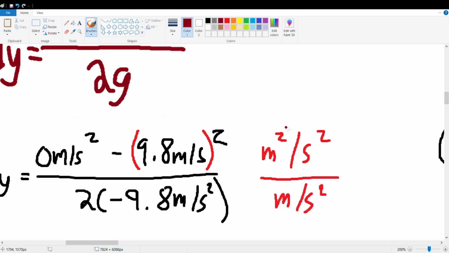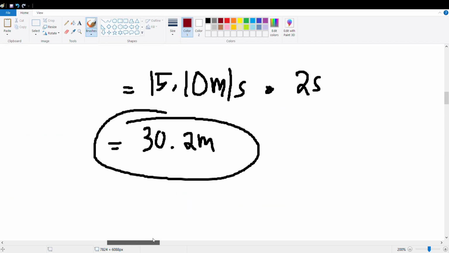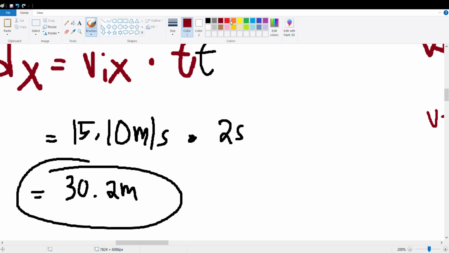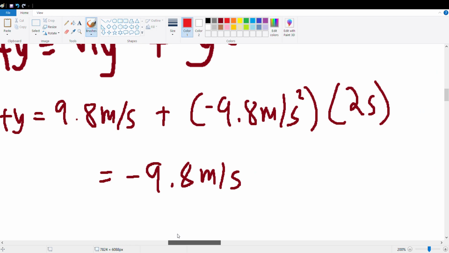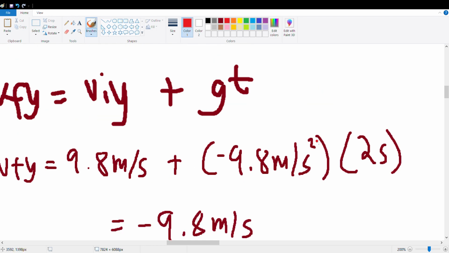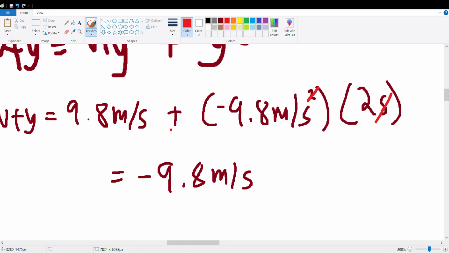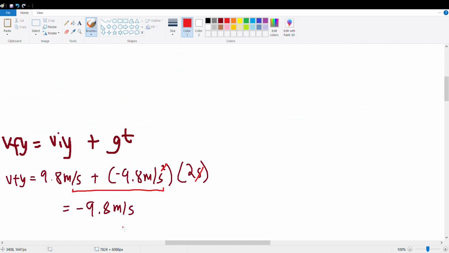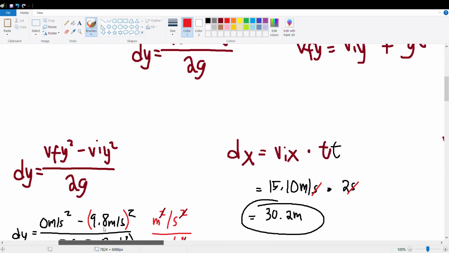So you basically just cancel out these two and you get meters. For here, you cancel out the seconds, so you get meters, and then for here, you cancel out the s here, and if you add the units, they're still going to be retained.